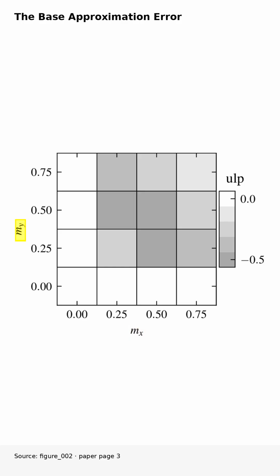Note that these axes map mathematical fractional values from 0 to 1, rather than plotting their literal binary representations. The color of each square indicates the error magnitude, measured in units in the last place, or ULP, as shown on the right. Notice that the error is strictly constrained between 0.0 in the white squares and negative 0.5 ULP in the darkest squares.